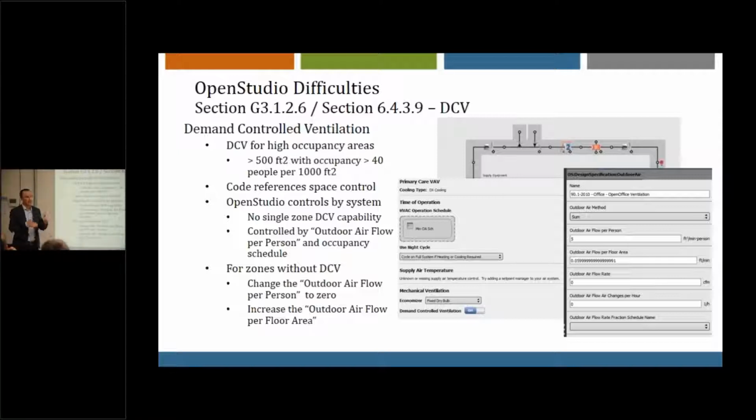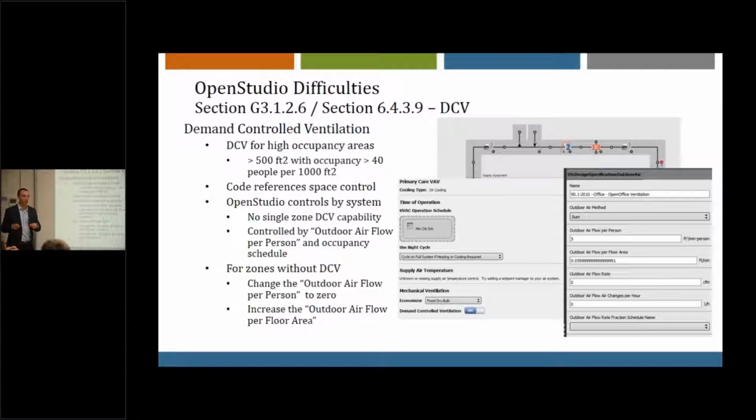So you can actually back calculate what your flow per area should be for those zones that don't have demand control and just put it in there and 0 out the per person. And then that unit will only provide demand control to the zones with an outdoor airflow per person. So it's kind of a workaround, but then technically you're meeting the intent of 90.1 and 62.1, and you shouldn't get any flak from the LEED reviewer.